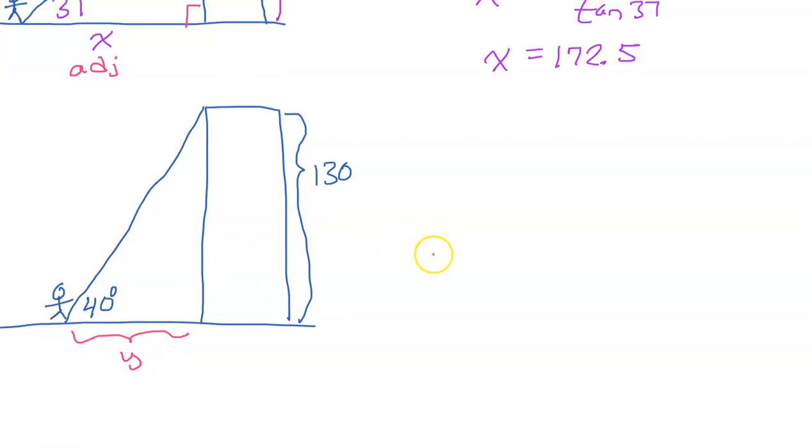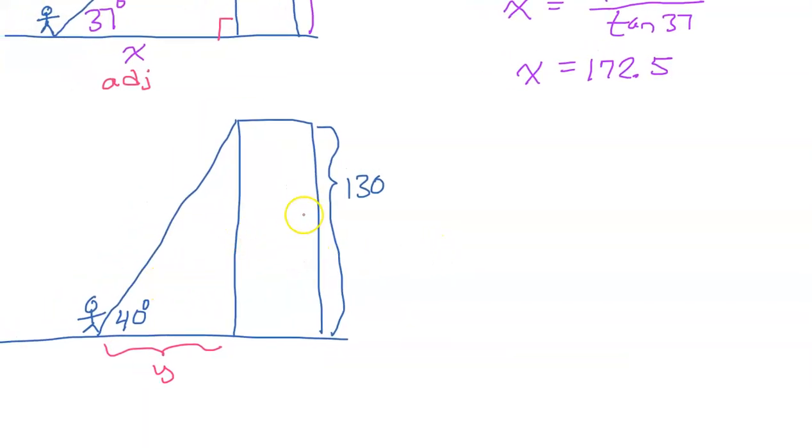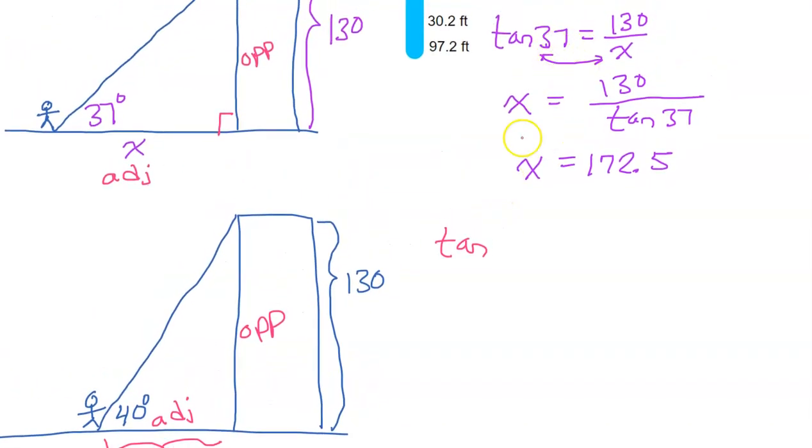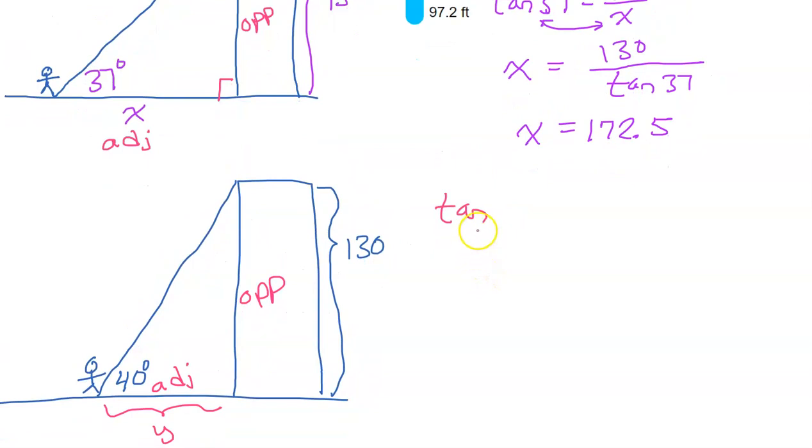So the formula is going to be the same. We're still dealing with opposite. You know, this side is opposite, and this side is still adjacent. So we're still going to use the tangent function like we did before. But this time, instead of being tangent of 37, it's going to be tangent of 40. All right, opposite over adjacent is going to be 130 over y. When the variable is in the denominator, you swap these.